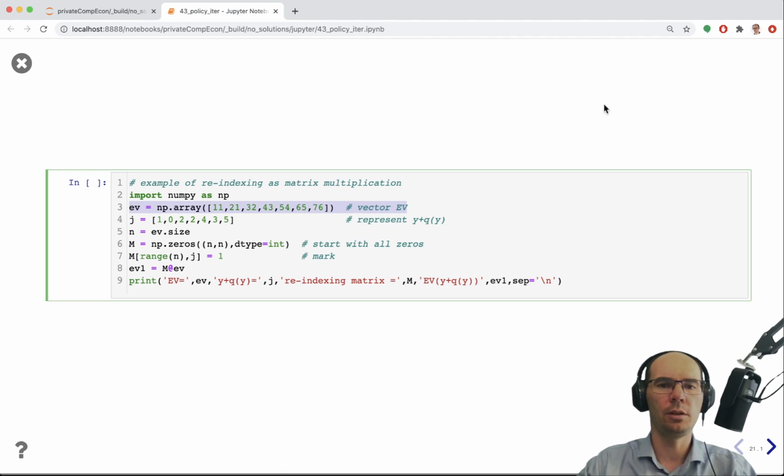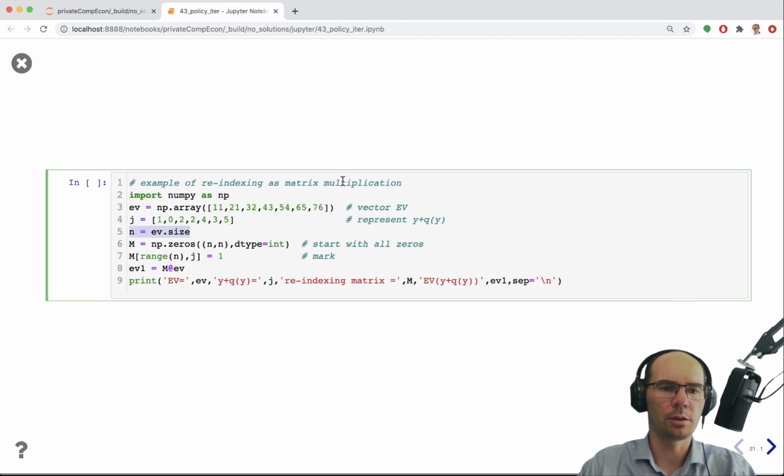Imagine that the EV vector, the vector of the expected values, is just given here by these numbers 11, 21, 32, 43. You can see that the first digit is the position of that number in the vector. And imagine that y plus q of y is giving us these indices of the EV that we need to find. So essentially the problem is how to represent indexing into EV as a matrix operation.